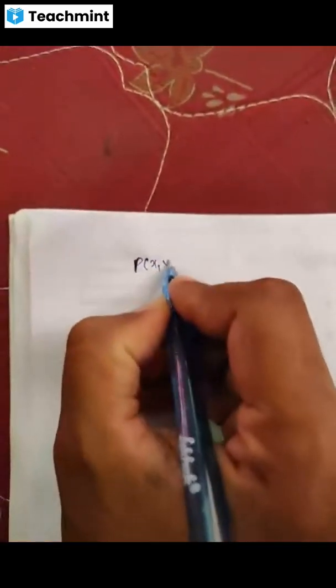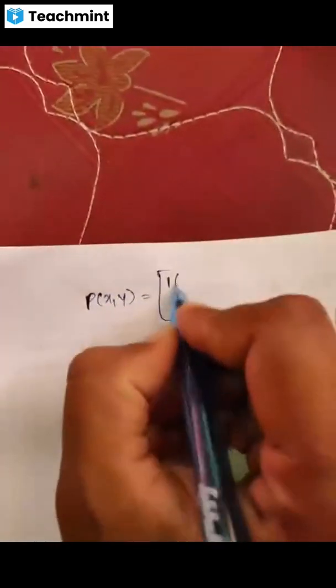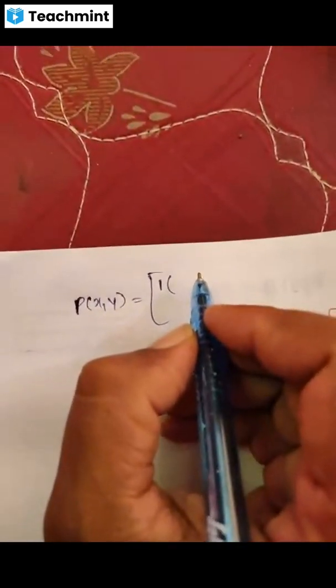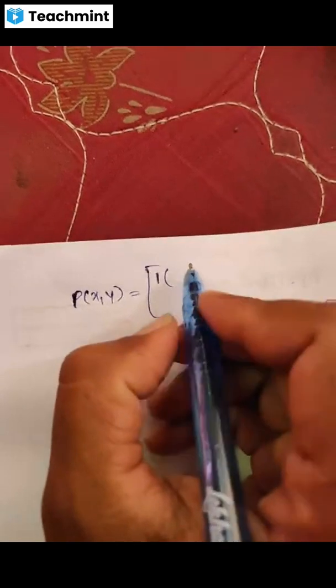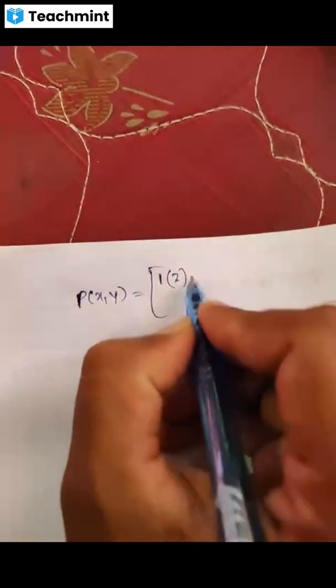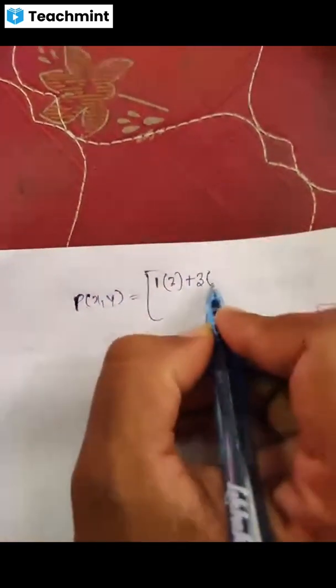So P of xy is equal to, what is m? 1. What is x2? x2 is 2. Okay. Plus n is 3. What is x1?